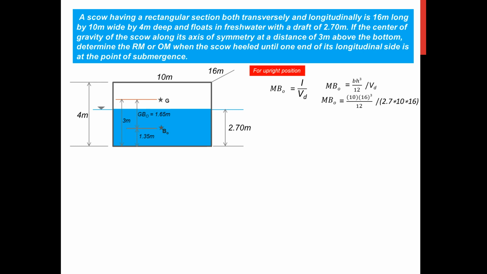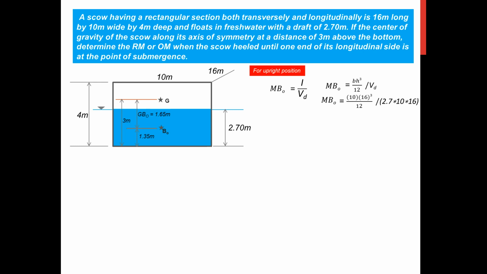So the base here is just like we are going to have a view on top. So when we have a view on top of this parallelepiped, the base now will be 10 and the height will be 16, and that will be substituted in the formula BH cubed all over 12.